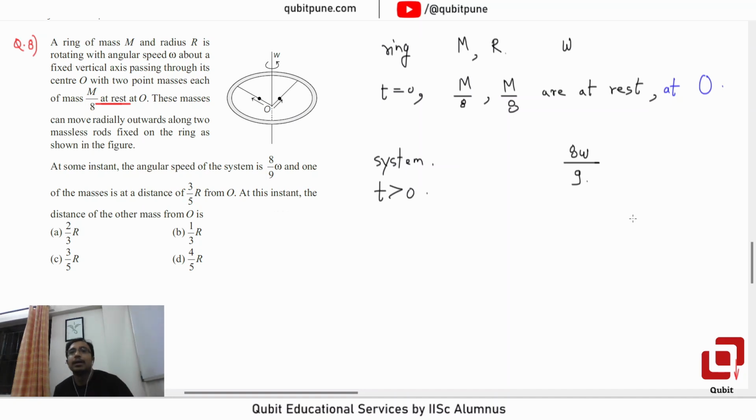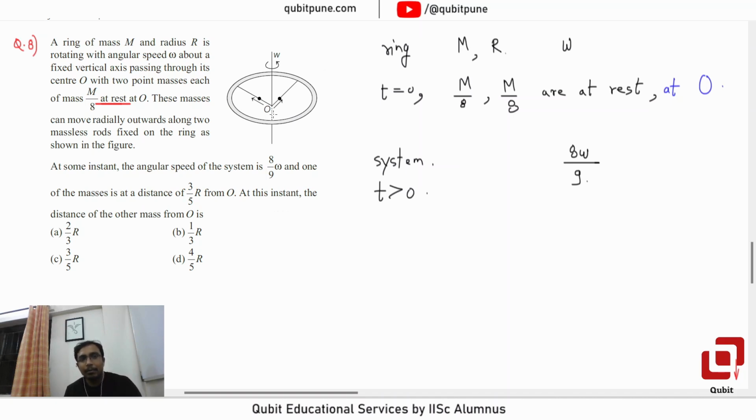Okay, so we have to apply the momentum conservation here. Because is there anything else that is encouraging these 2 point masses to move radially outwards? We don't know.